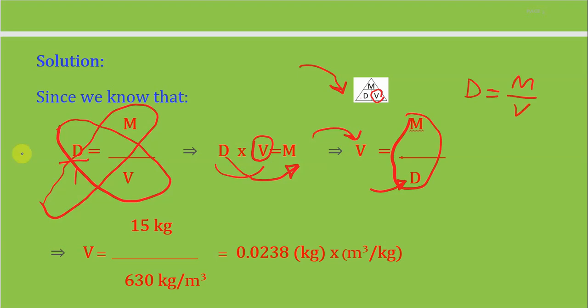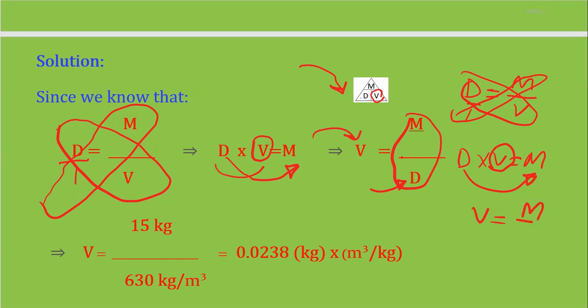If you are comfortable with this, you have to cross multiply m times 1 and d times v. So d times v equal to m, and you have to calculate v, so d will go as a denominator. So m over d. Or you can use that triangular technique which I just told you. If you have to find v, then v is equal to m divided by d.